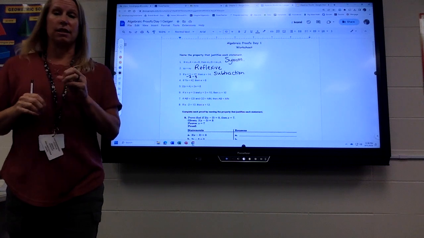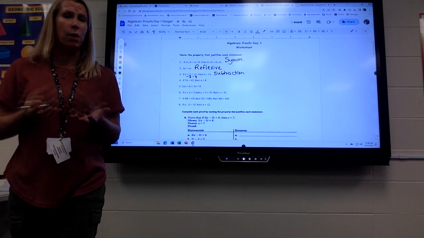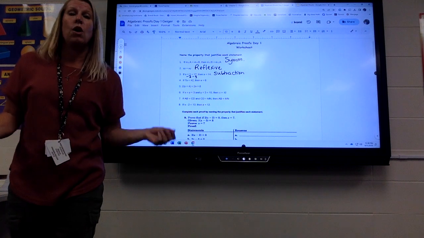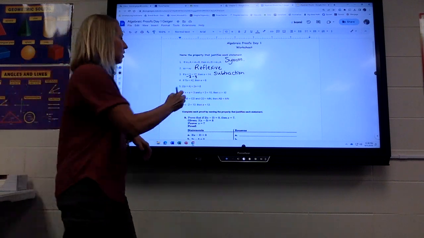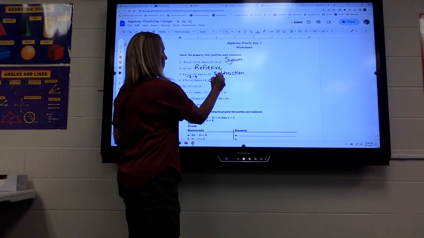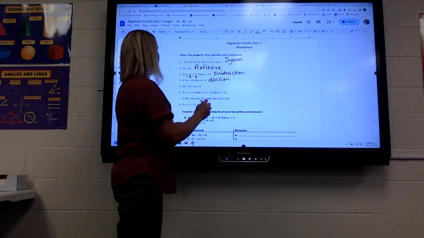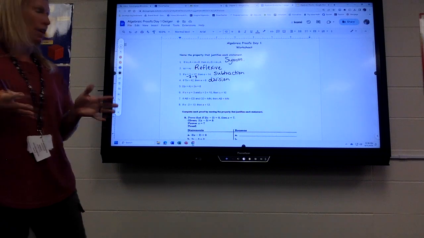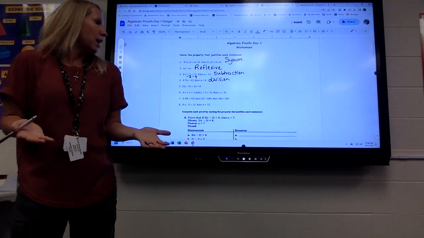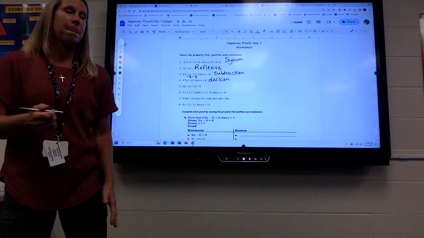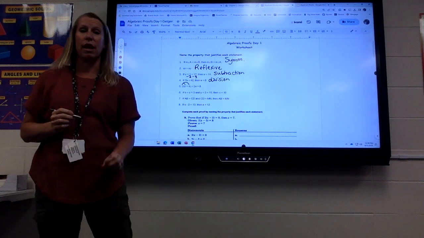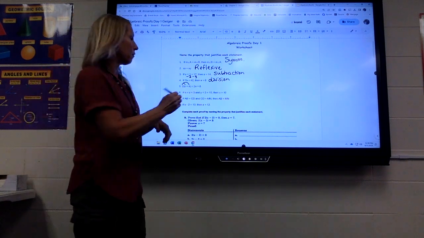If 7x equals 42, what would I do to get x equals 7? Well, I divided by 7, so that's division. On number 5, if I have 2 outside parentheses, x plus 4, how did I get 2x plus 8? Well, I did the 2 times the x and the 2 times the 4, and that is called distributive property.